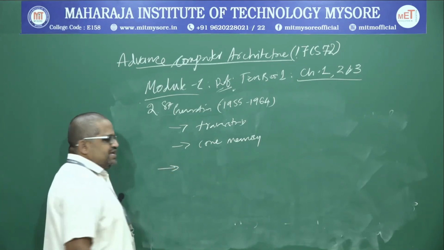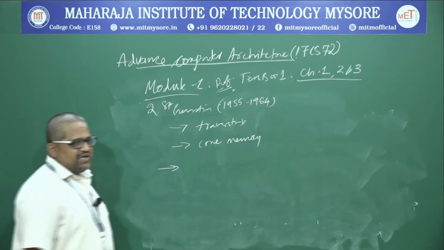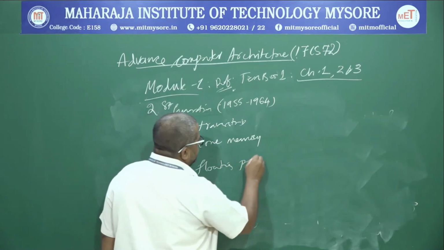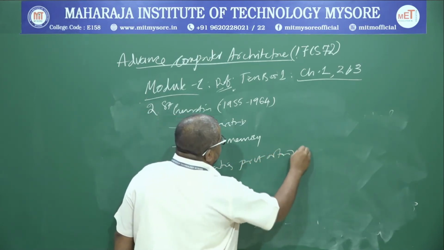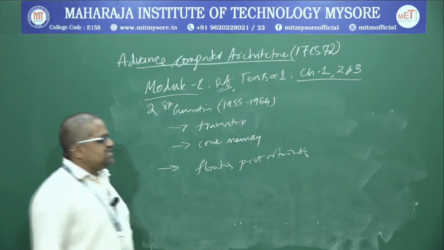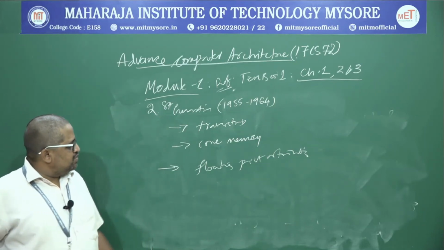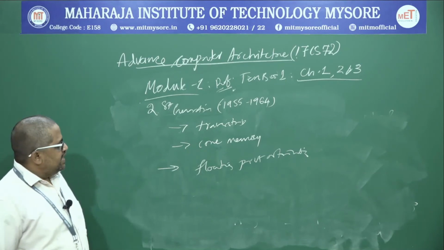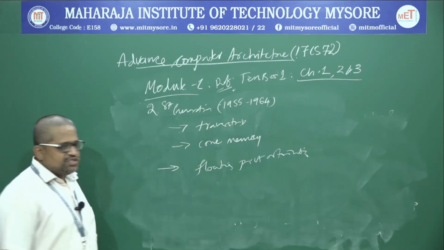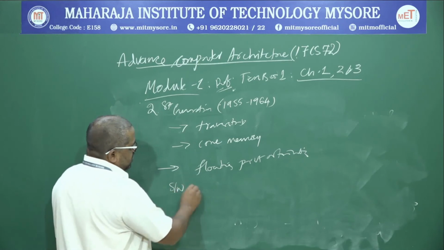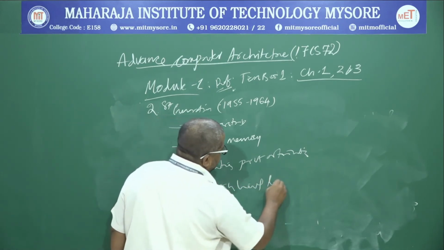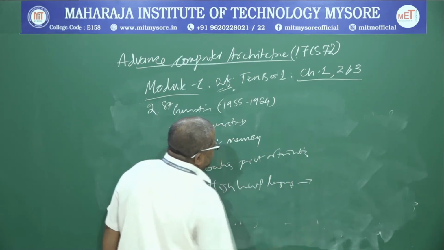What was the capability offered by the second generation? They were able to perform floating point arithmetics. In the first generation, it was fixed point arithmetics, but now they were able to perform floating point arithmetics. And then what about the software that was used? Somewhere the concept of high level language started to evolve.